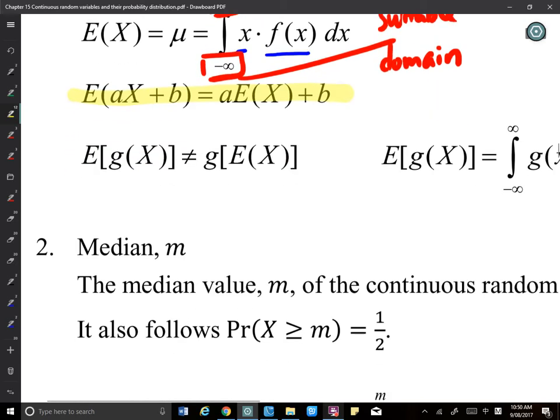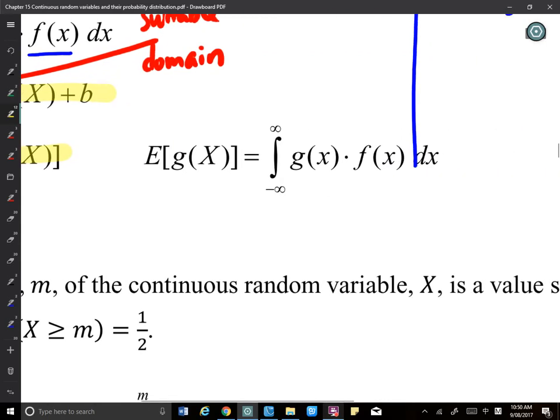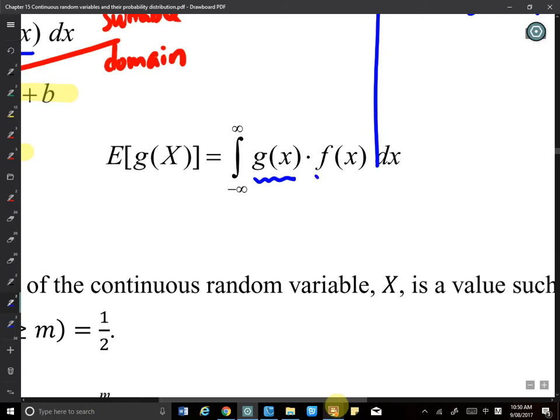And the next one we talk about is g(x) again. So again, it's not equal to that for continuous. Instead, what we will have is g(x) times the density function, and we integrate that, which means we sum that over a suitable domain.